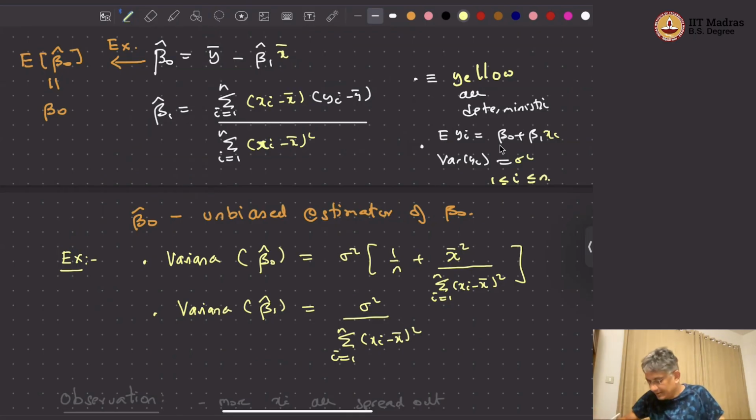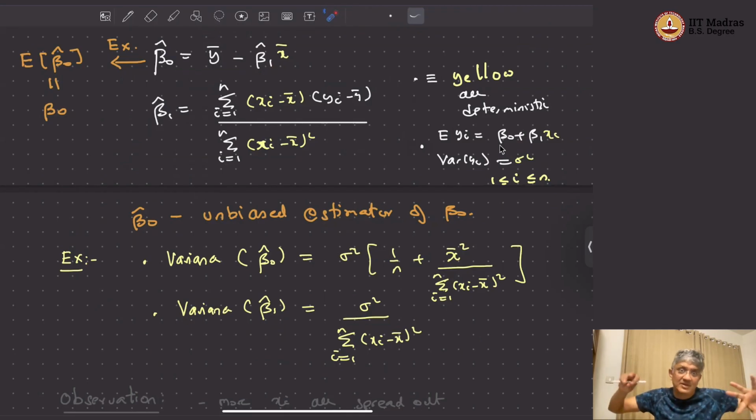Very good. Once you do this, you have several observations to make. Given this variance, let's stare at it a little bit. If the xi's are all close by, then this is going to be small, and it will have a certain effect on the variance of beta 1 hat. So you cannot predict beta 1 hat very well.